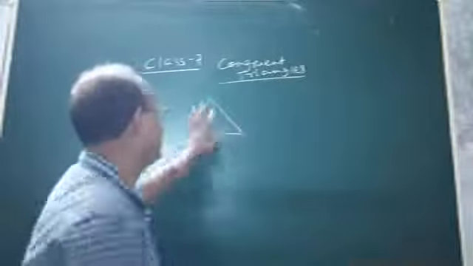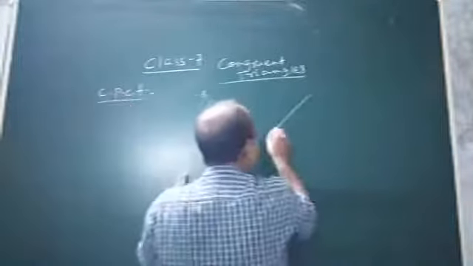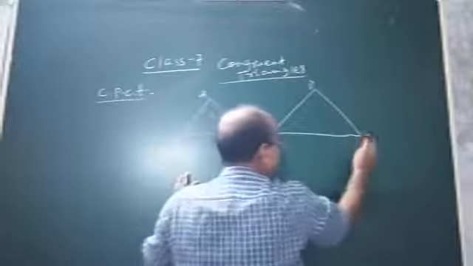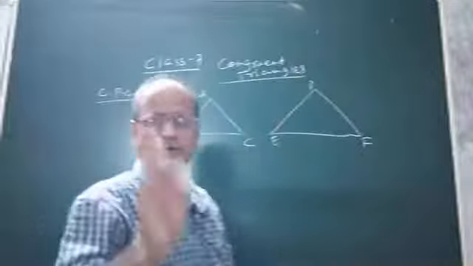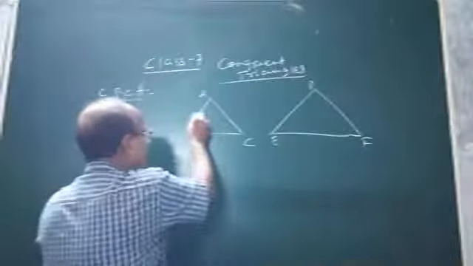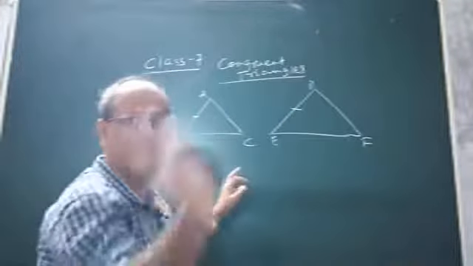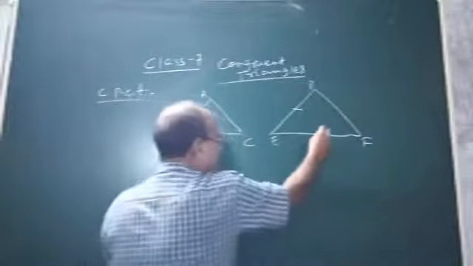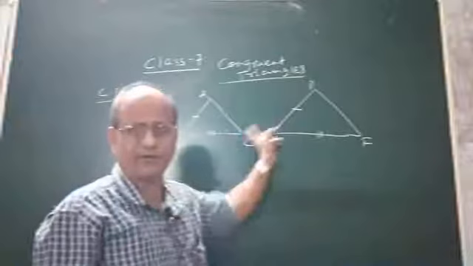See, suppose you are given two triangles, say ABC and another triangle, say DEF. Now suppose you are given AB equal to DE. This is one pair of corresponding sides. Suppose they are given equal. Similarly, suppose you are given BC equal to EF. Look at this, this is another pair of corresponding sides of the two triangles.